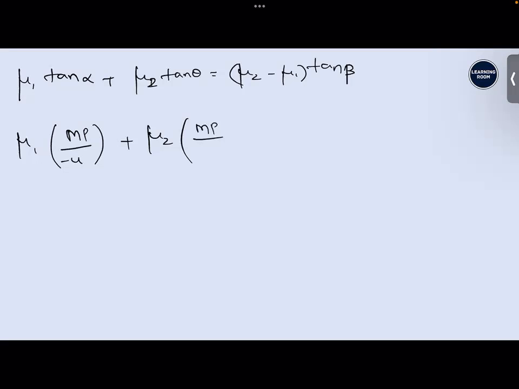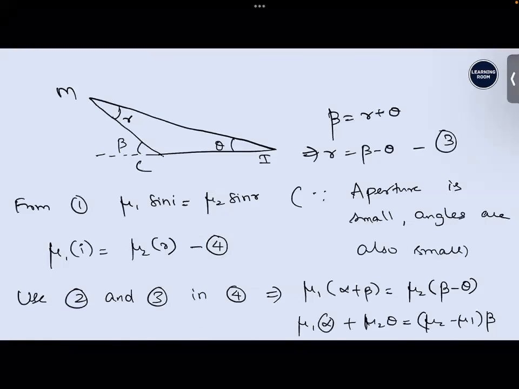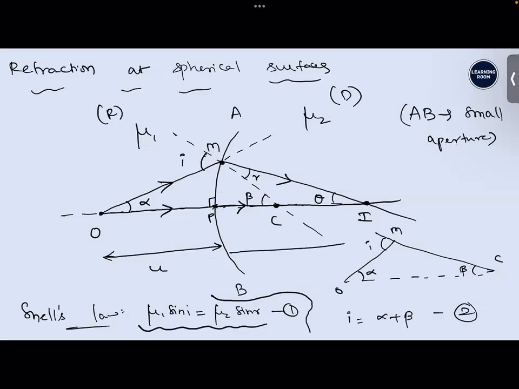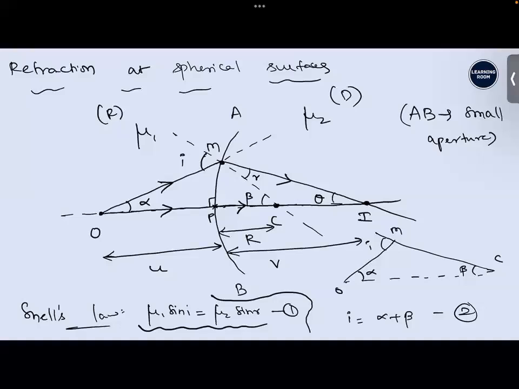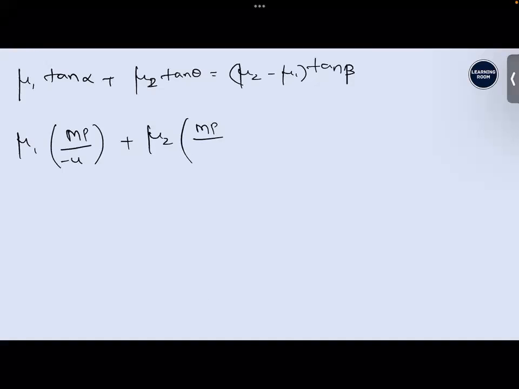What is the length IP? So what is this distance called as? It is called as V, and the distance from P to C is called as capital R. Is that right? Now if you see, MP divided by, how much is it? V. MP divided by V will be equal to mu2 minus mu1 into MP divided by R. Is that right?